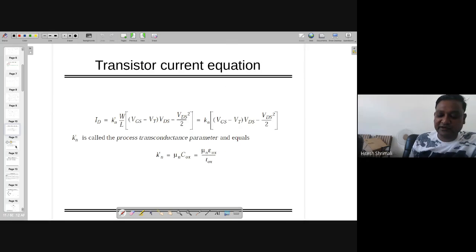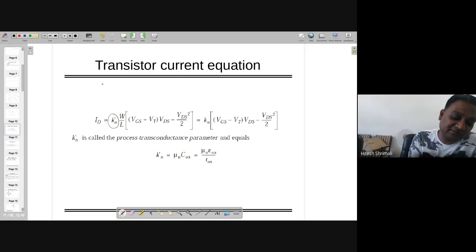That is what I wrote here. But different books follow different notation. Some books follow the notation of K. K with the subscript N signifies that it's an N-type semiconductor, or NMOS, and if it is Kp prime, it's PMOS.